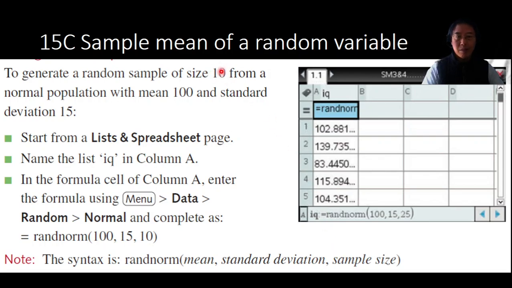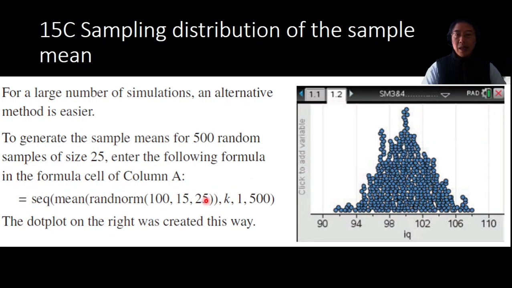That should be 10, so it's a size 10. You fill down, and it will fill down that table. You're going to need to apply that, but anyway, once you have generated your column, you should be able to generate a dot plot and a distribution, and you can see it's kind of normally distributed.